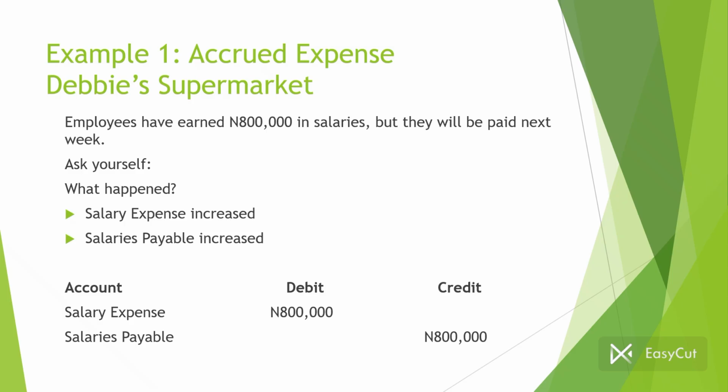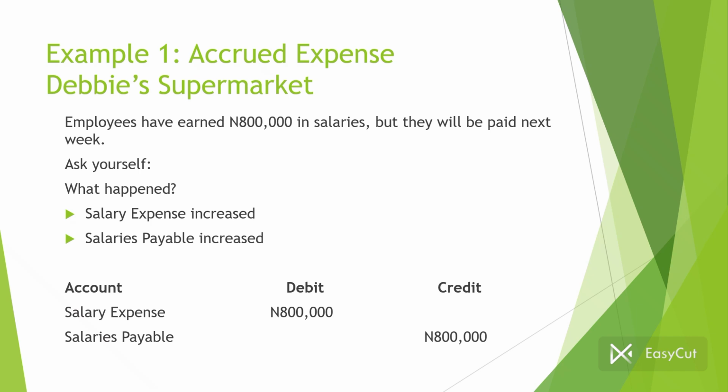If we are preparing financial statements at the end of the month, and the salaries have not yet gone out, they will go out next week, we have to take note of this expense because it has already been incurred. They have already earned this amount, so we have to capture it as part of the expenses for this month.